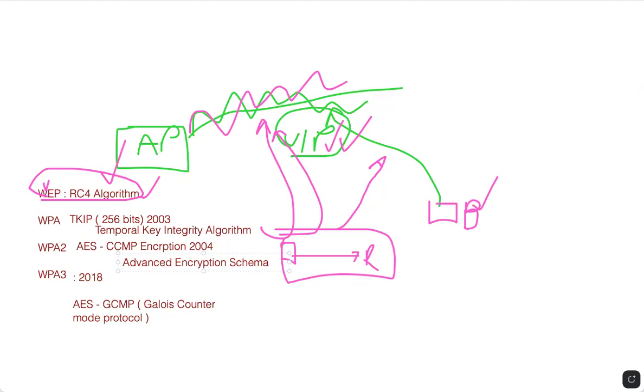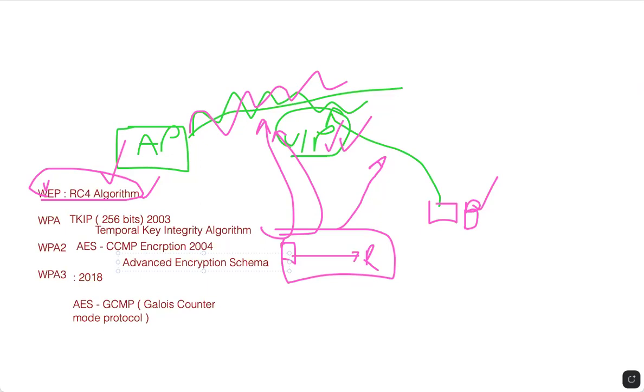WPA2 is a third type of security. It uses the AES algorithm, Advanced Encryption Standard, and it's secure; no one was able to break it until 2018. It uses CCMP encryption, and it's the most secure. WPA3 also uses the AES GCMP algorithm.